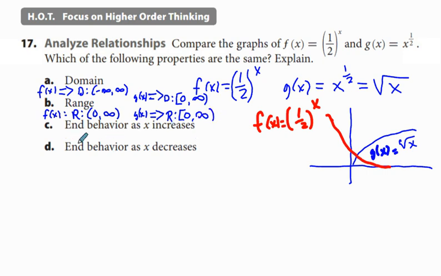And behavior as x increases: as x approaches infinity, f of x approaches, so we're going toward 0.